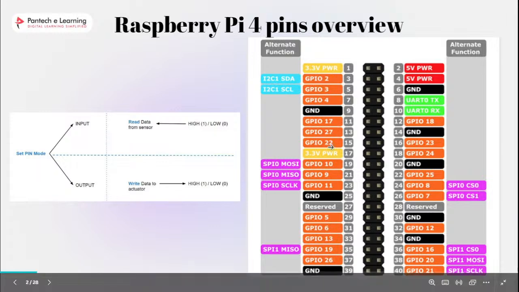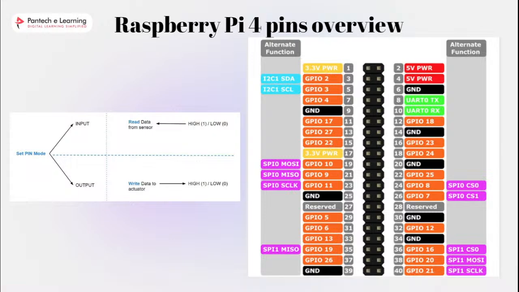Depending on the library you use to manipulate the GPIOs, you will either have to use the number of the pin or the GPIO number. For example, the 29th pin corresponds to GPIO 5, not GPIO 29.